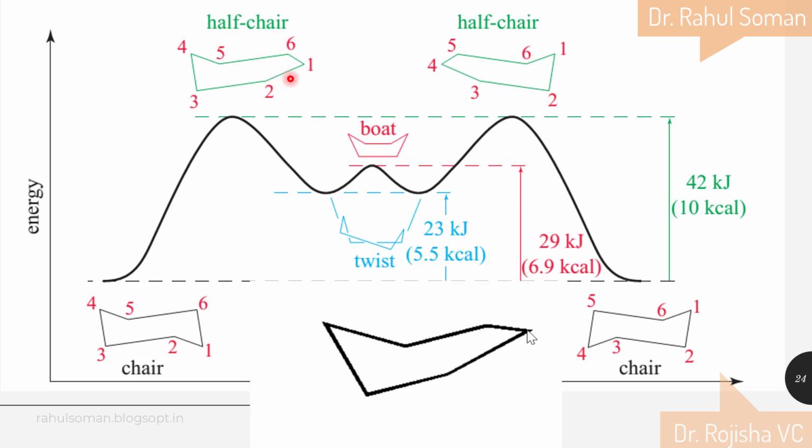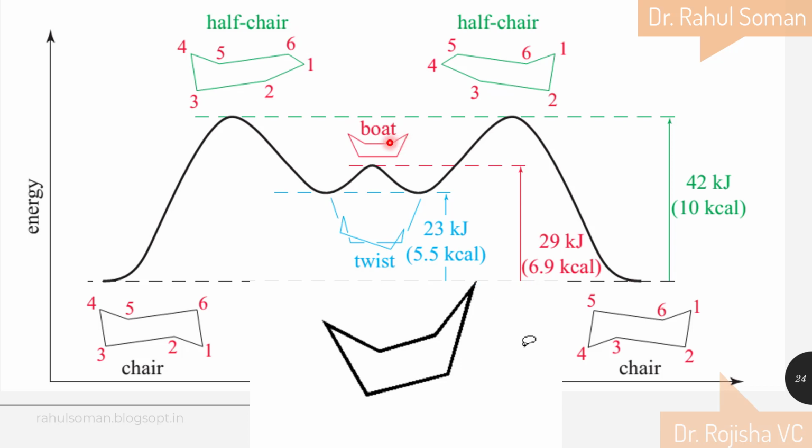Then again we pull it up, and it forms a twisted boat conformation, where it is partially up and just before the boat. It will be almost like this, and later once this one is completely up, it will form a boat conformation.